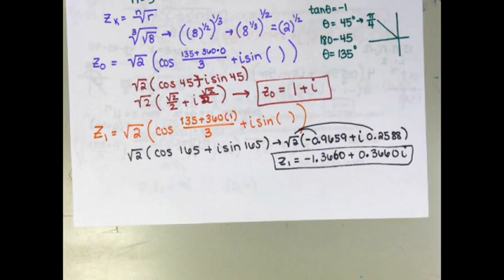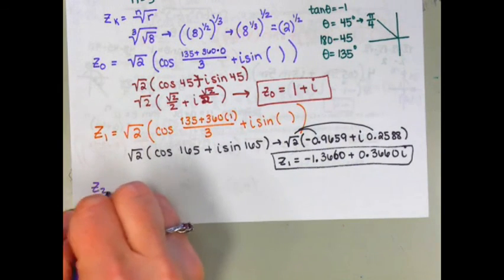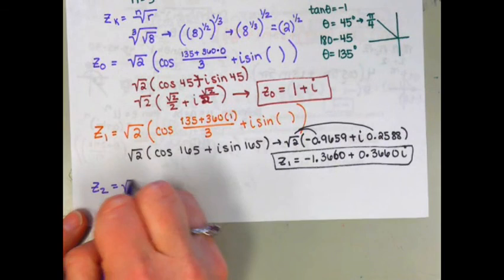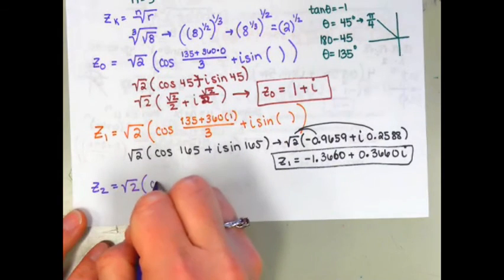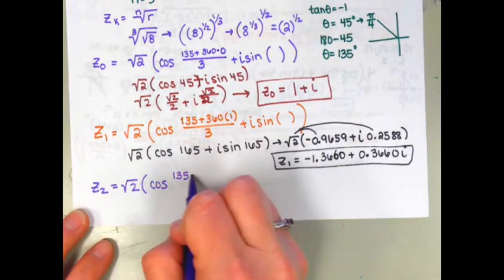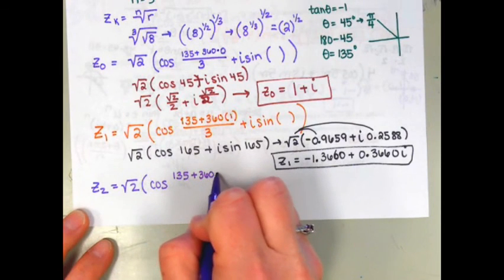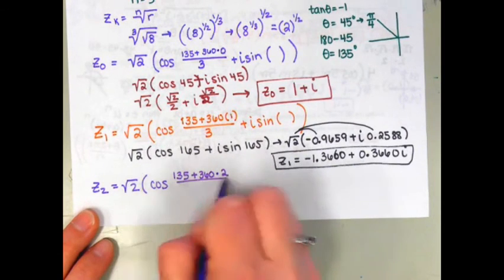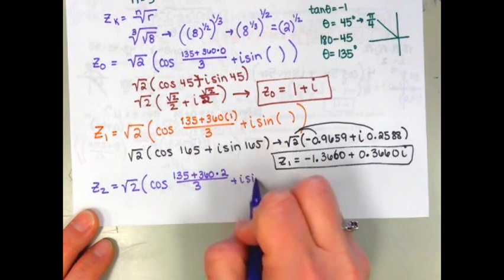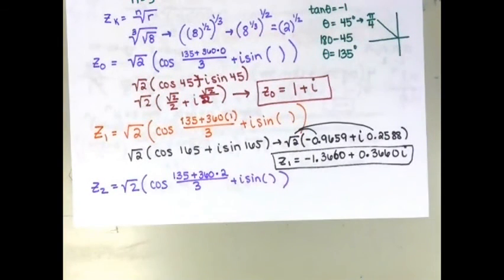All right, and then z to the second, because I only have to go to 2. Why? Because my n is 3, so n minus 1 would be 2. Same idea. So the square root of 2 times the cosine of 135, my theta, plus 360 times my k, which is 2, divided by 3, which is n, plus I sine that same thing. I don't like to rewrite all that. Okay.